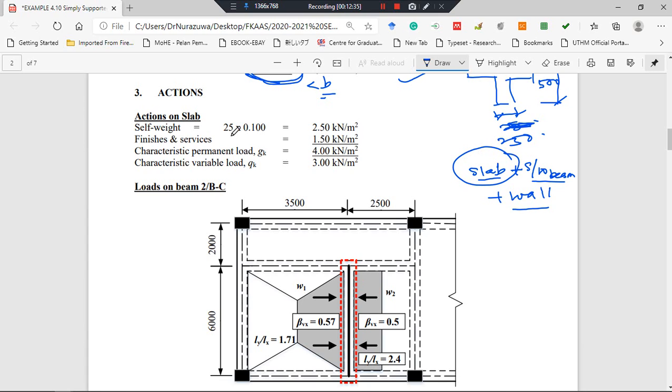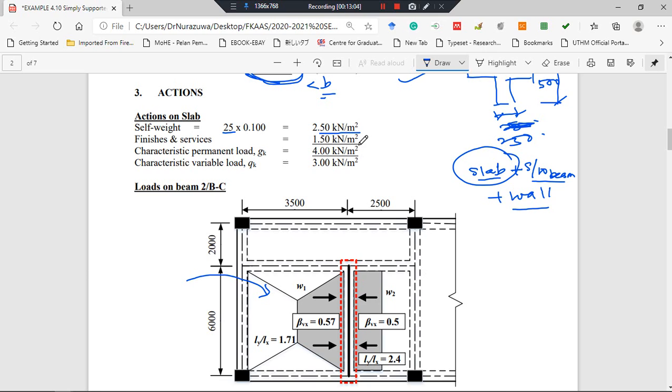This is the slab self-weight: the concrete density multiplied with 0.1, equal to 2.5 kilonewton per meter square. Then finishes and services depend on the use of the floor, and you refer to the Eurocode.